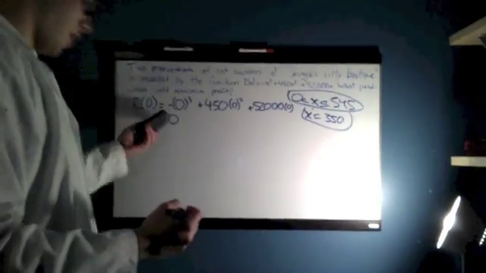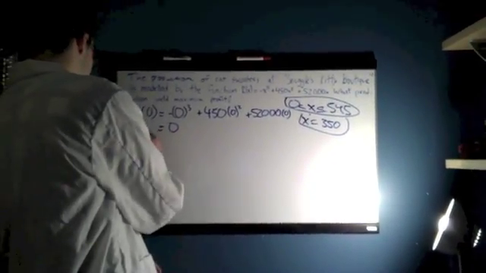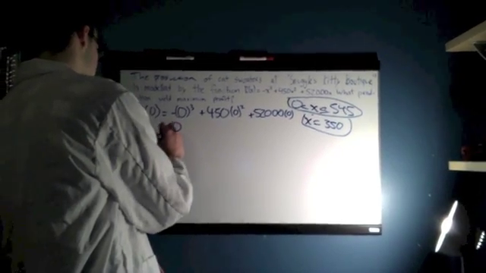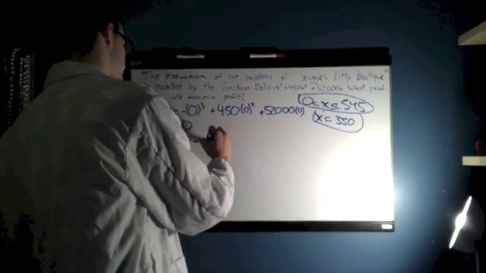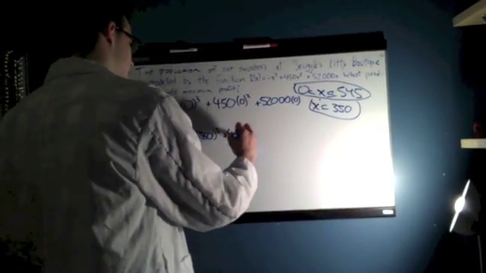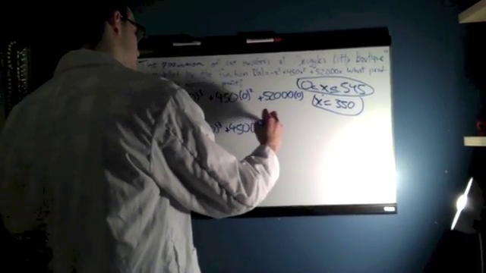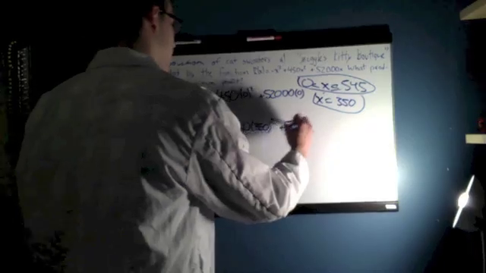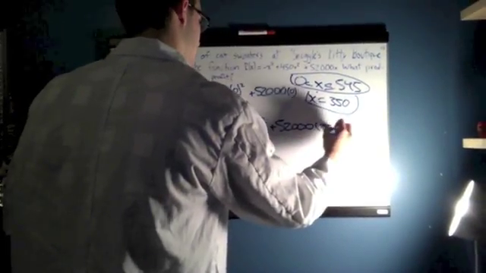So r at 0 equals 0. Now, r at 350 equals negative 350 cubed plus 450 times 350 squared plus 52,000 times 350.